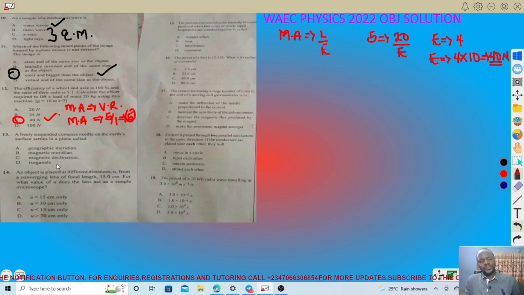Next one is, a freely suspended compass needle on the earth surface settles in the plane called dash. I have talked about this under the concept of magnetism, even when I was doing JAMB prep class on the physics channel.